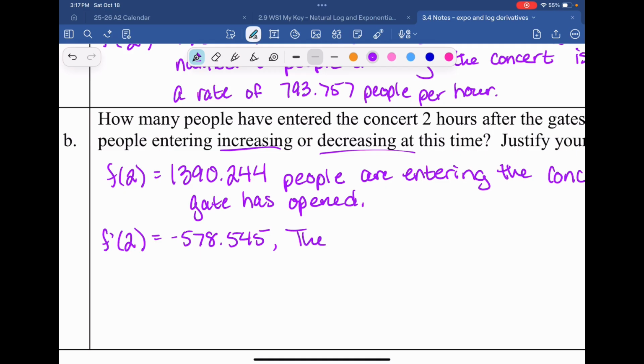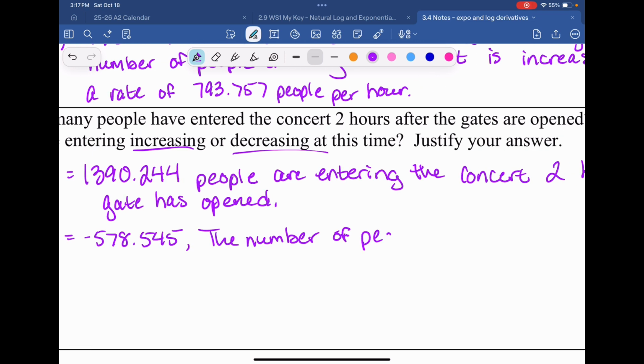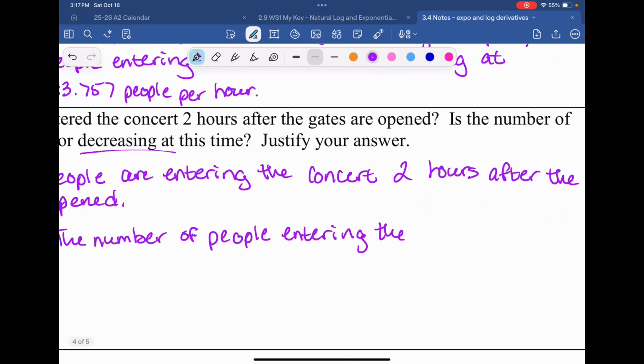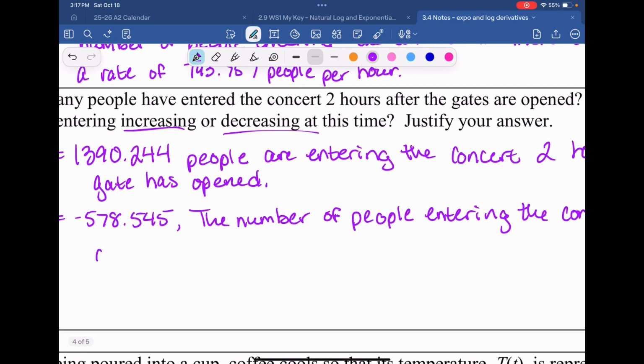The number of people entering the concert. I don't know where this concert is. That's a lot of people. Two hours after the gate is opened.